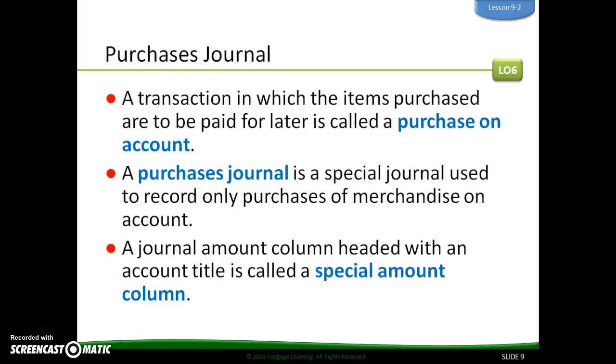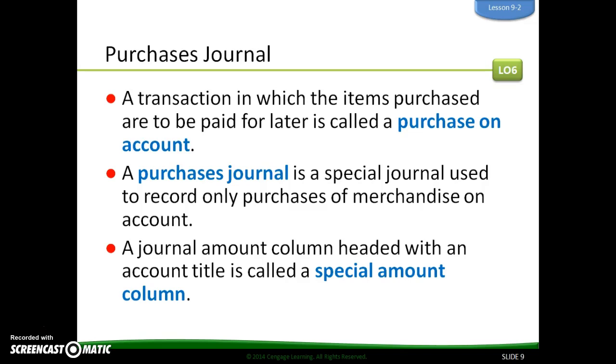So the purchases journal. A transaction in which items purchased are to be paid for later is called purchase on account. So remember, when we're doing things on account, the money is following after the fact. On account means no money has changed hands at this point in time.